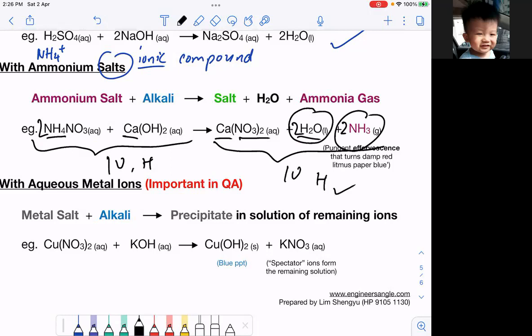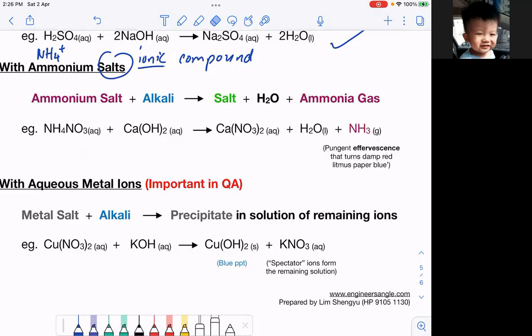Okay, we have 3 minutes left. How about this? Everybody make your own ammonium alkaline reaction. Finish it and we call it a day. Ammonium salts can only be NH4NO3?